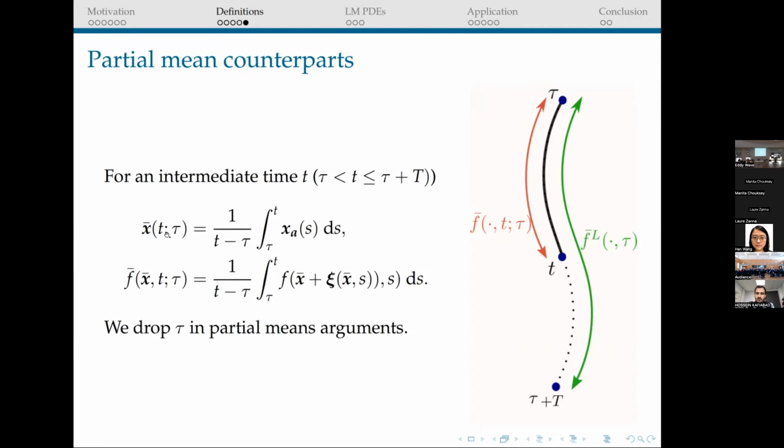So my partial mean position at time t is the position of the particle from tau all the way to t, so this bit of the trajectory. Likewise, the Lagrangian mean at time small t is the Lagrangian mean of the trajectory from tau all the way to t. Obviously, if I put tau plus capital T instead of these small t's, I get my original Lagrangian mean field or Lagrangian mean position for the period that I intended.